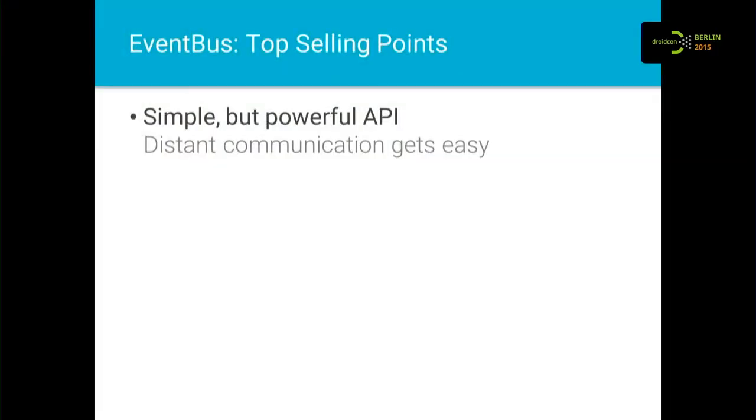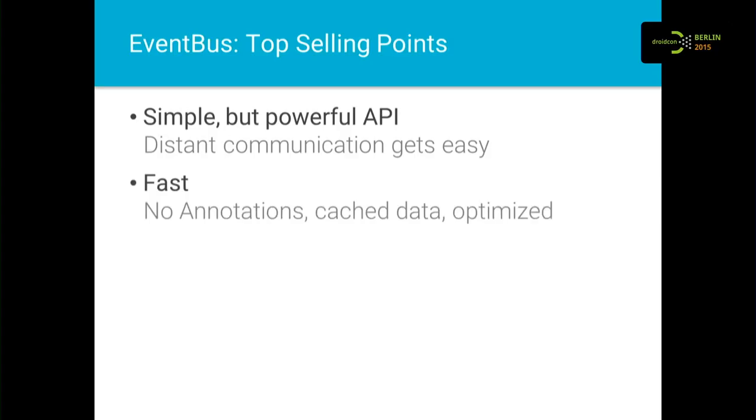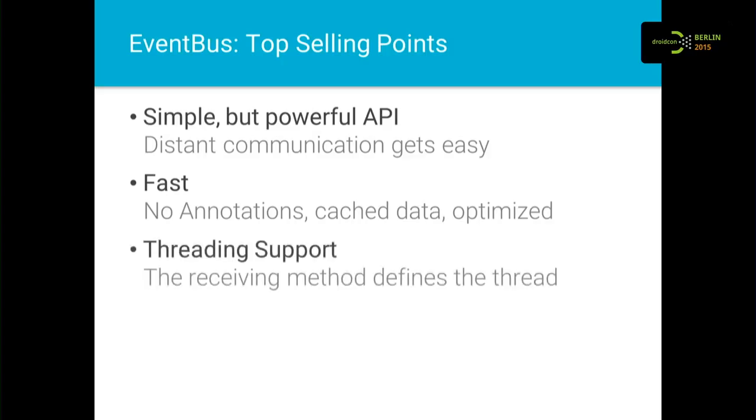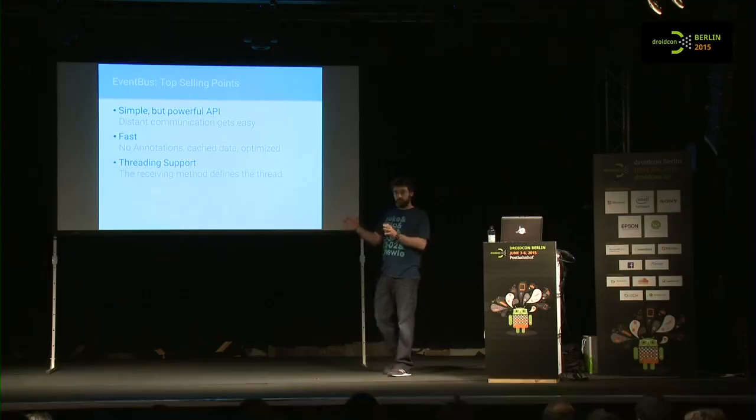So why do people like it? It's very simple, but still you can do a lot with it. It's a powerful API. And also it's quite fast. It's really optimized. I spent some time profiling it. And it also has threading support. So when you are in a background thread doing some network stuff, and you deliver an event, Eventbus can do the thread switching for you.